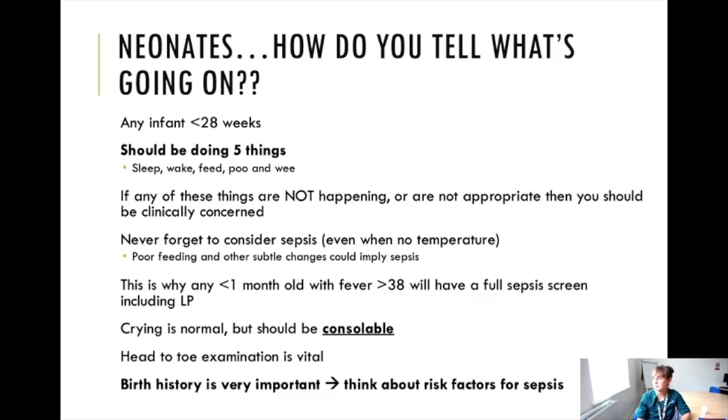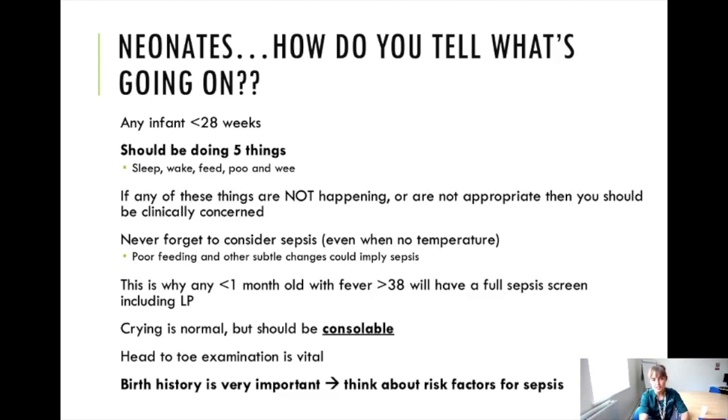We get a lot of parents coming in worried because a little one is sleeping too much or not sleeping at all. In the first few weeks they haven't got a circadian rhythm like us, so they're going to be erratic, but you get more and more used to what's normal. As long as they're not sleeping too much, you don't need to worry too much.